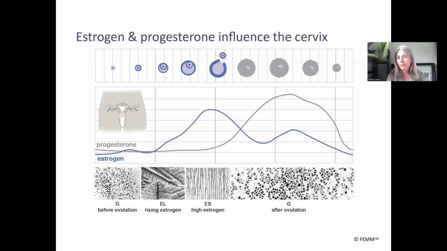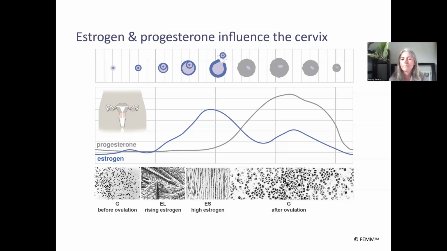Because your egg only has a lifespan of about 12 to 24 hours after it's released from that follicle. If it's not fertilized within that time period, it will naturally die. So if there's no egg present, you're not able to get pregnant anyways.